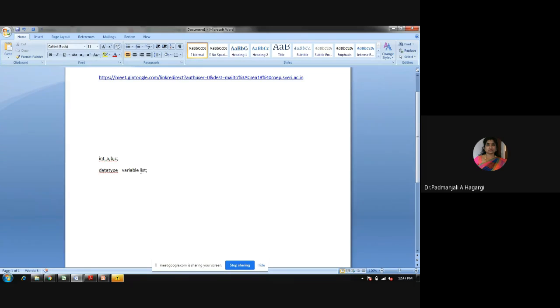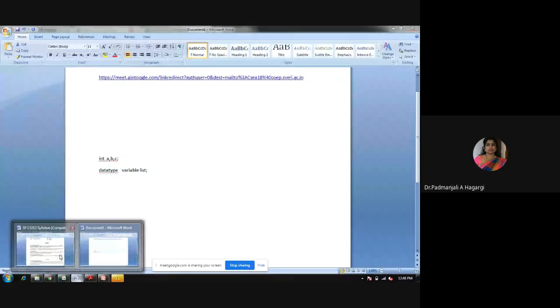If you have many more variables, variable 1, variable 2, they should be separated by comma. This is one example. Every language has got its own format of how a language should be. Then only it rectifies the error, or then only it adds accordingly these three components.